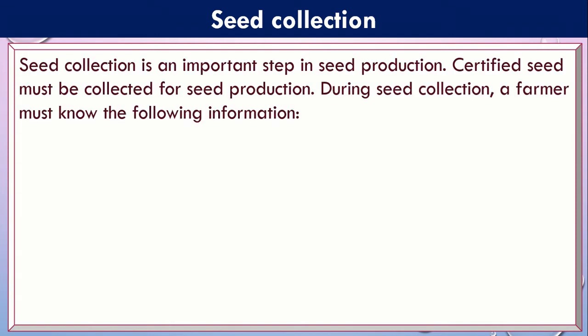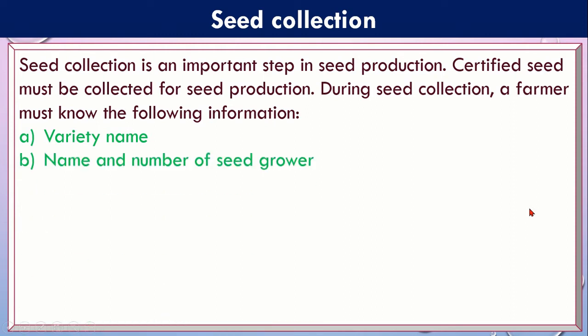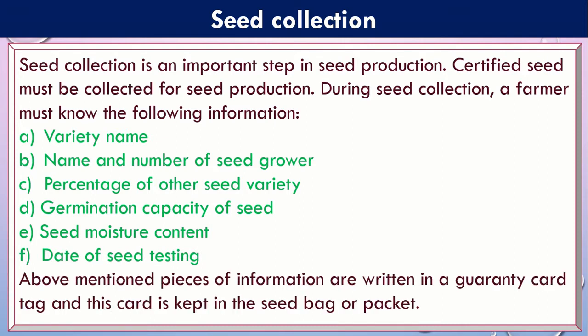Now seed collection. So how do you collect the seed from the mother plant? Seed collection is an important step in seed production. Certified seed must be collected for seed production. During seed collection, a farmer must know the following information: the variety name, the name and number of the seed grower, the percentage of other seed varieties, the germination capacity of the seed, the seed moisture content, and the date of seed testing.